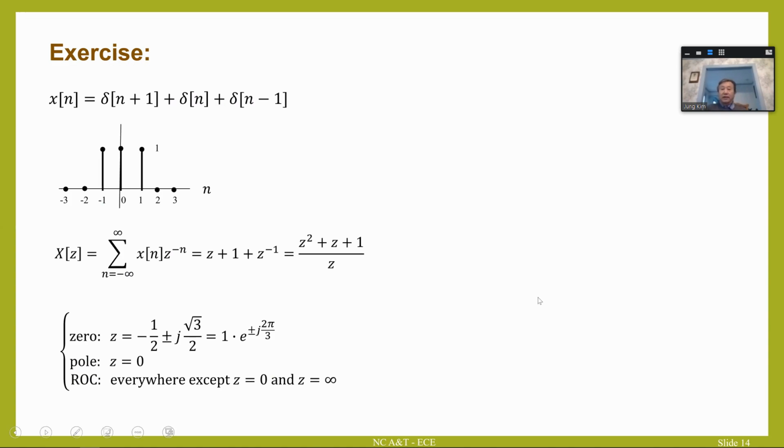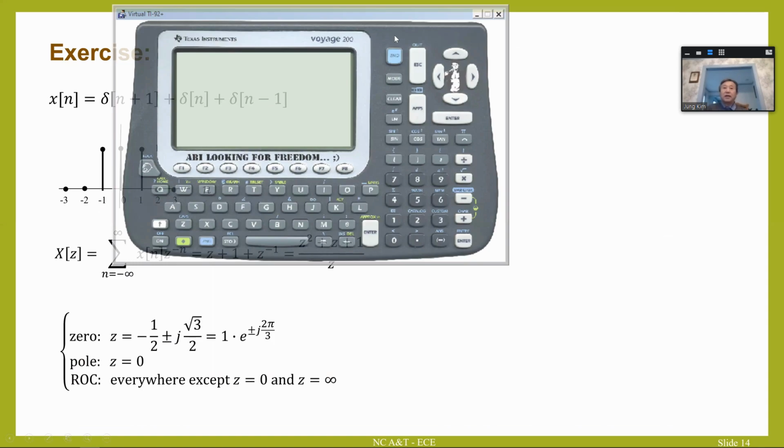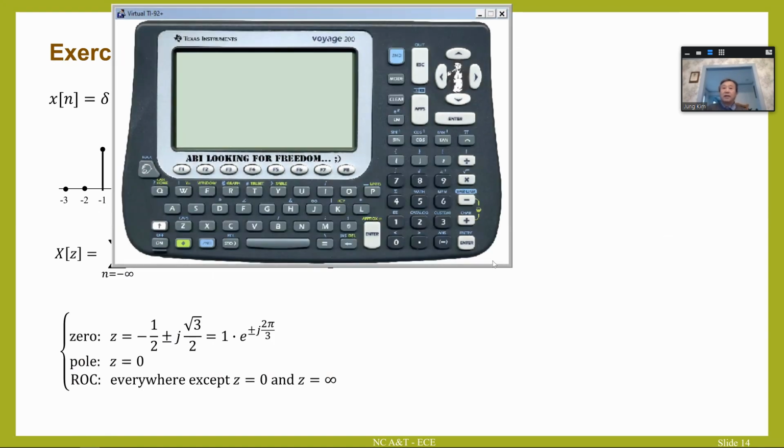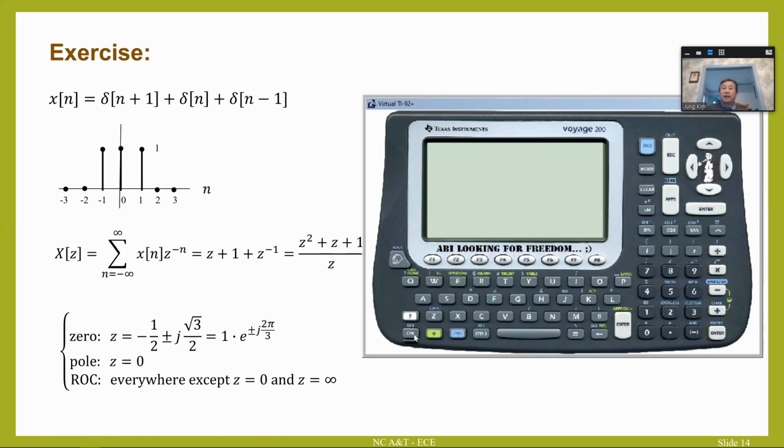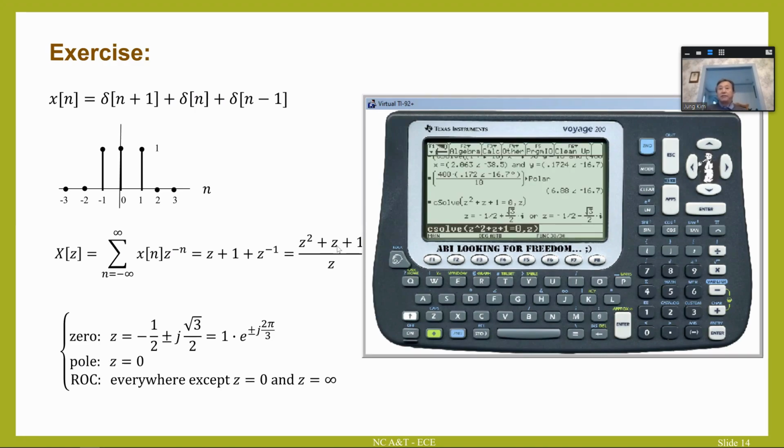Okay. Csolve, because this is a complex value: z squared plus z plus 1 equals 0, comma z.